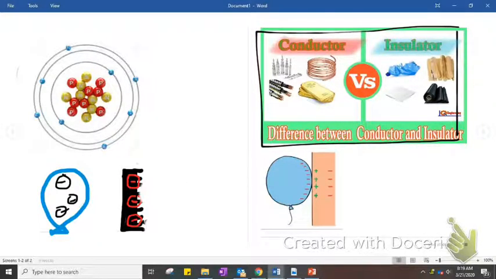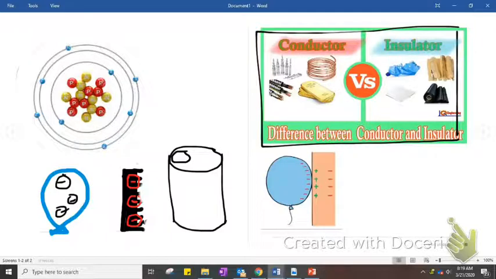was then applied to a soda can. When I came closer to the soda can, it was attracted to the positive charge of the soda can.